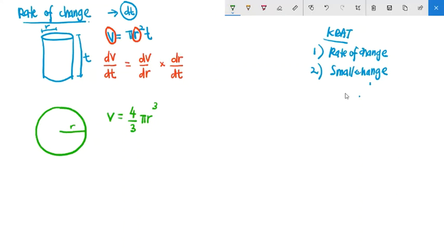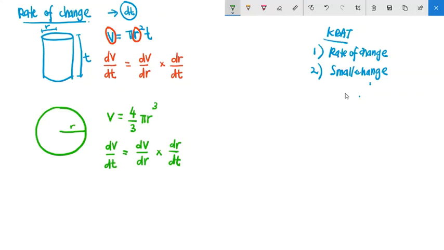Sama juga. Bila dia minta isi padu dV over dt. Okay, rate of change of the volume. So rate of change of the volume must have dt below here is equal to dv over dr times dr over dt.